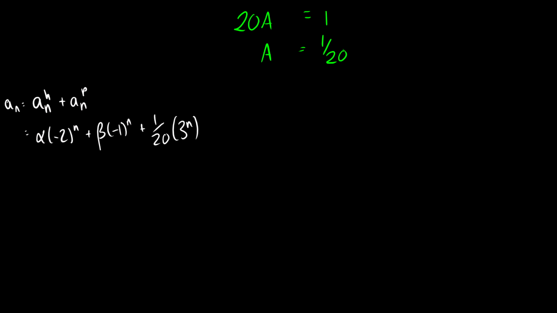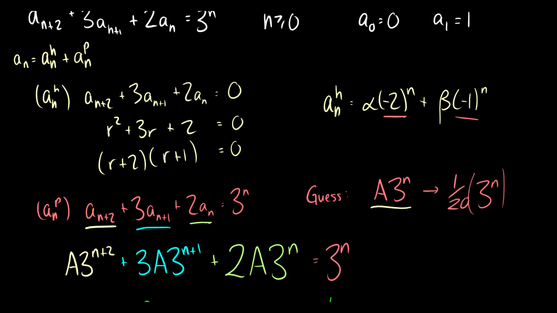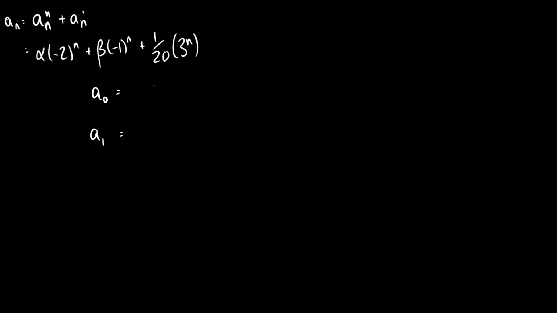Okay, so now we can solve for some coefficients. We want to solve using a_0 and a_1. a_0 was 0 and a_1 was 1. So 0 is going to be alpha plus beta plus, okay, 3^0 is 1 times 1/20, so that's 1/20. 1 is going to be -2 alpha minus beta, and here we have 3^1 times 1/20, so this will be 3/20.